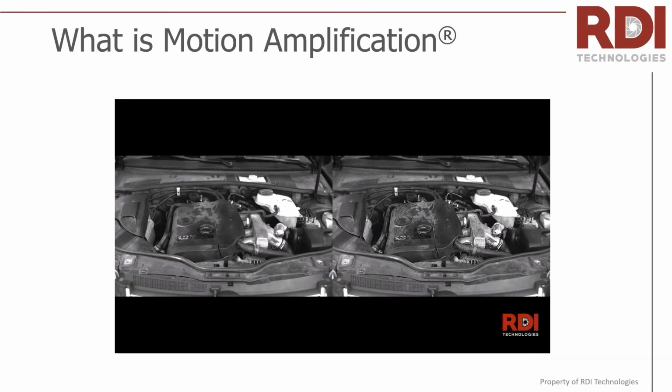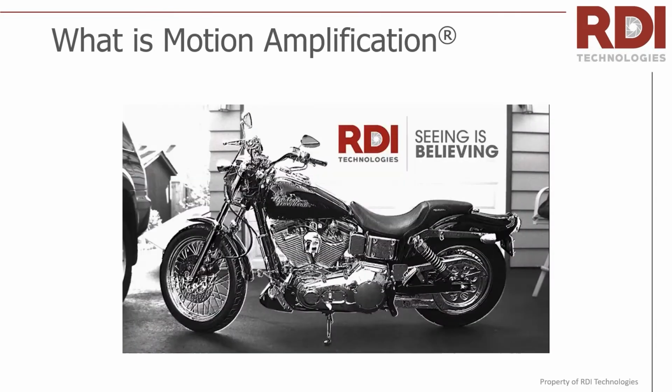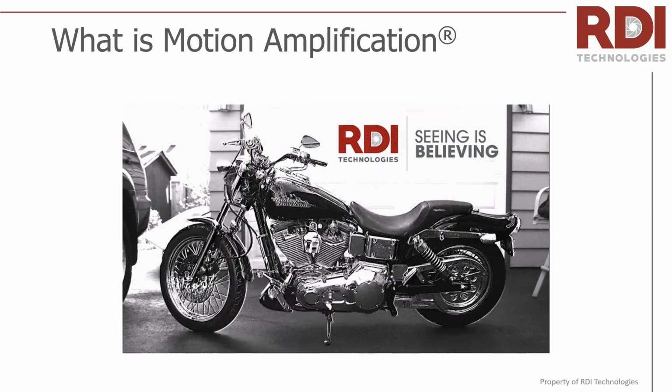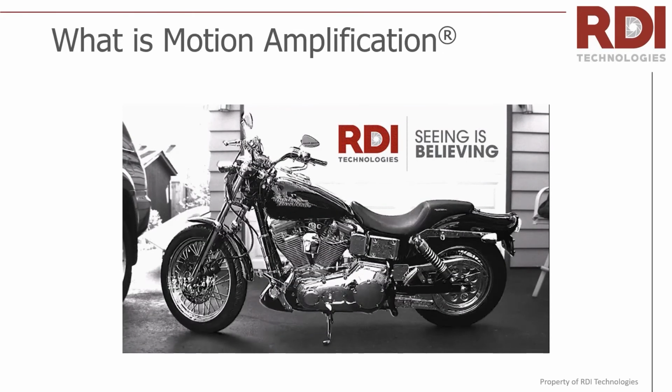Sort of like what a high-speed camera does. A high-speed camera lets you see things that are too fast to see. We show you things that are too small to see. So if motorcycles are your thing, you can see this: that's a Harley under motion amplification.